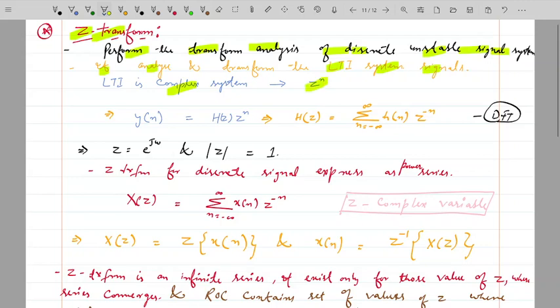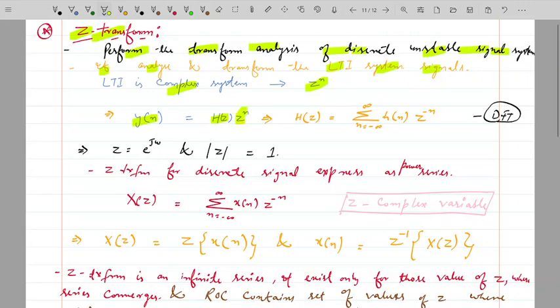We represent this complex system with z to the power n, and y of n is the output or response of this system, which is equal to H of z, the impulse response of the Z transform, times z to the power n.